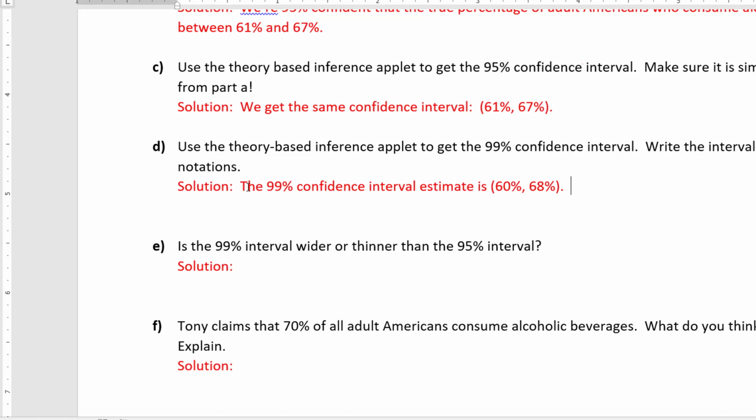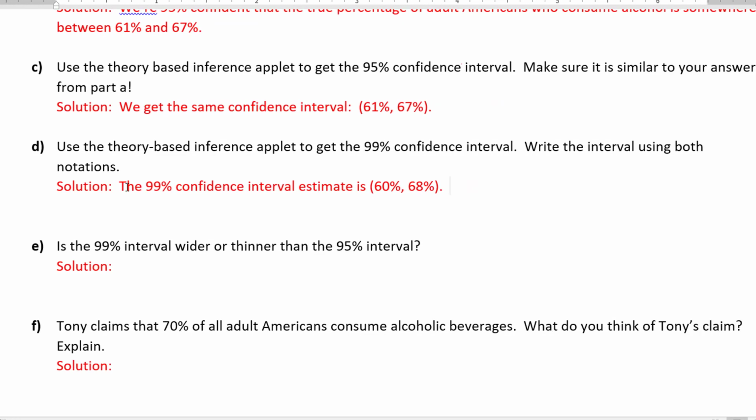If you are saying that you are more confident that it's in a range, you need to cast a wider net. So for example, I'm 100% confident that the percentage of adult Americans that drink alcohol is somewhere between negative infinity and infinity. So if I'm going to be really confident, I have to cast a great big interval. But the less confident you get, the smaller your interval is.